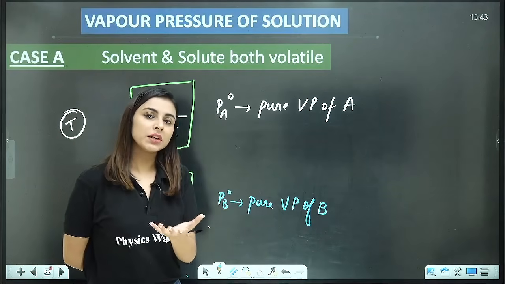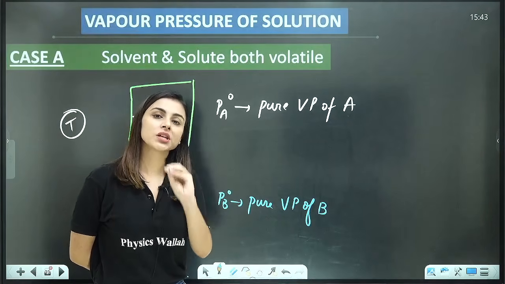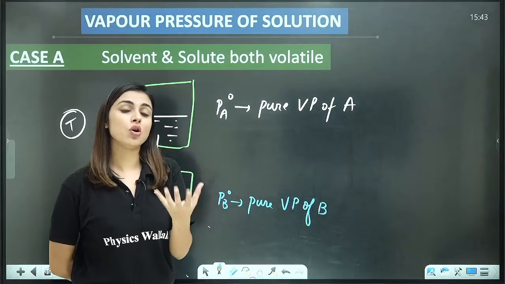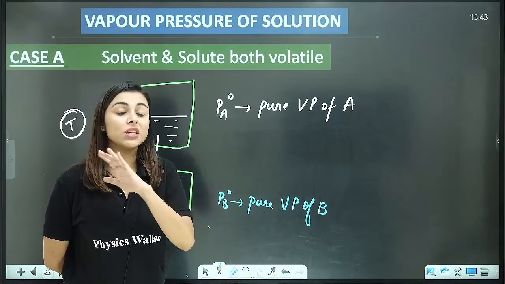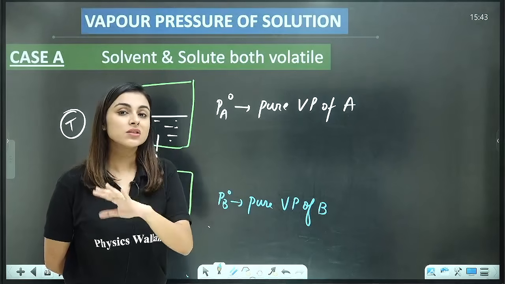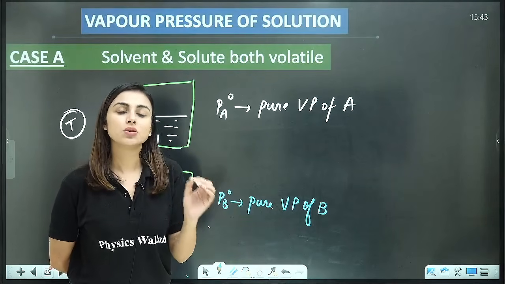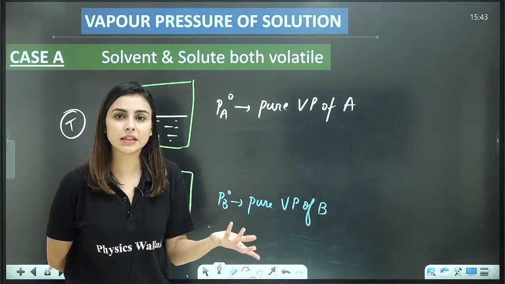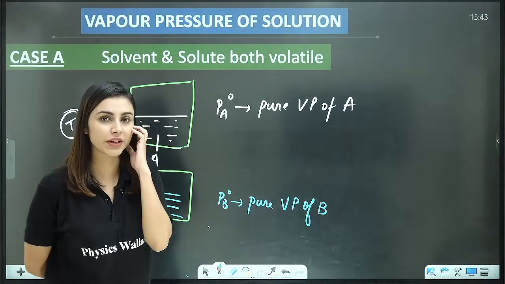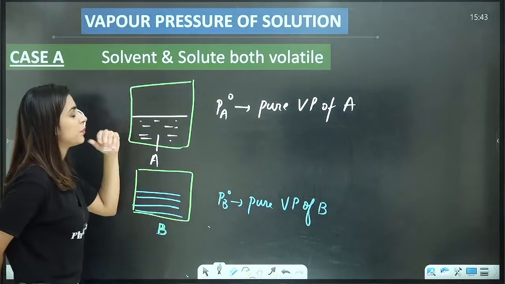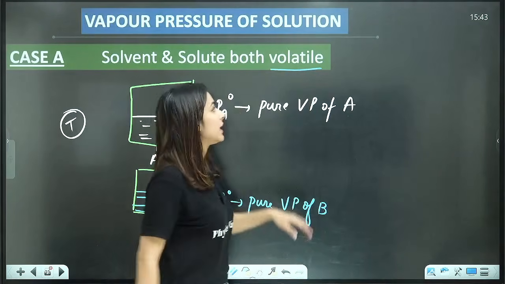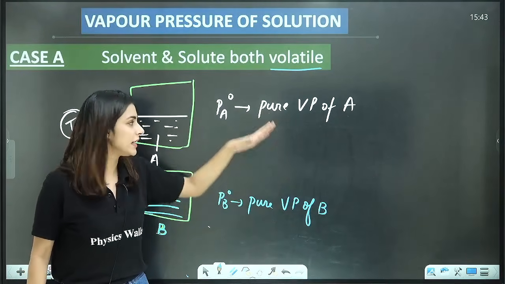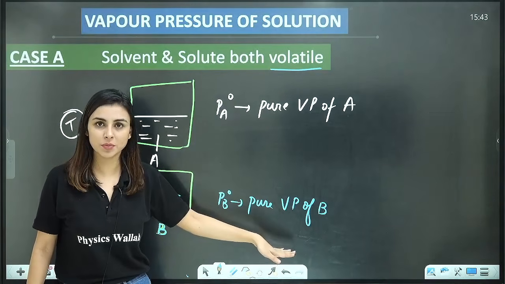What does volatile mean? Any component which can exert vapor pressure is a volatile component, and if any component cannot exert vapor pressure and does not form vapors, then that is a non-volatile solute or solvent. It can be anything. Perfect. So we got the basic meaning of volatile, and here they are saying that both are volatile. So A is volatile, B is also volatile. It also has a vapor pressure.